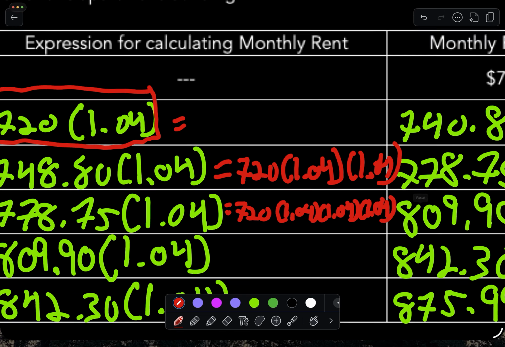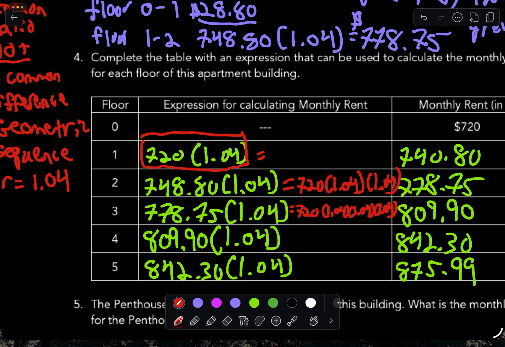Now, there's a nicer way to write this, as you are probably well aware, and that's with exponents. So for the next one, I'm just going to write it with exponents. 720, multiplied by 1.04. Now, notice, this is to the first, then to the second power. This is to the third.